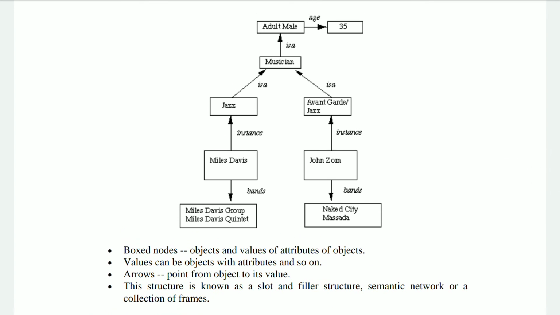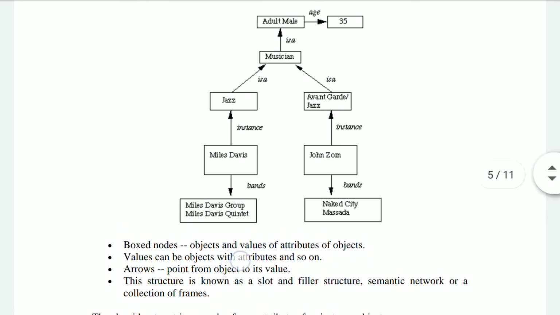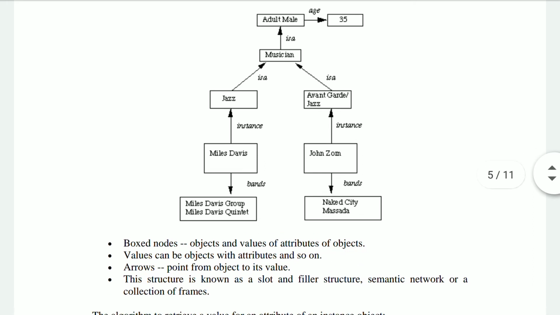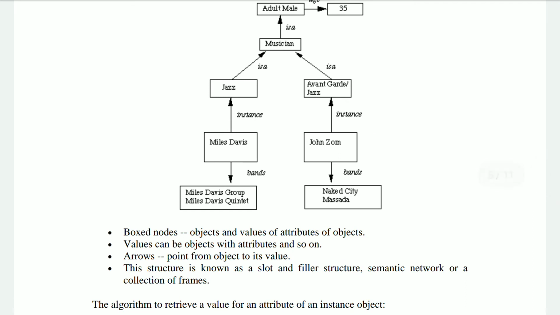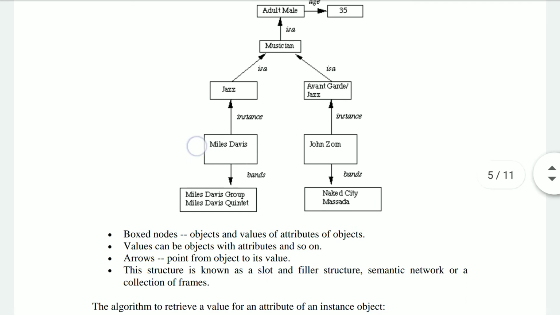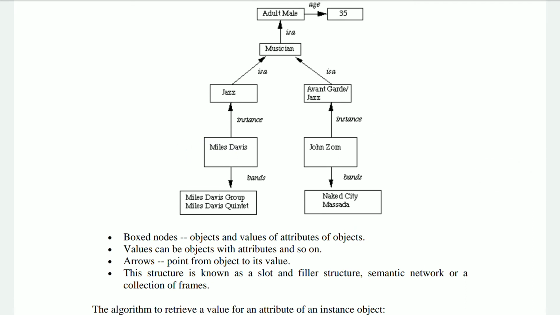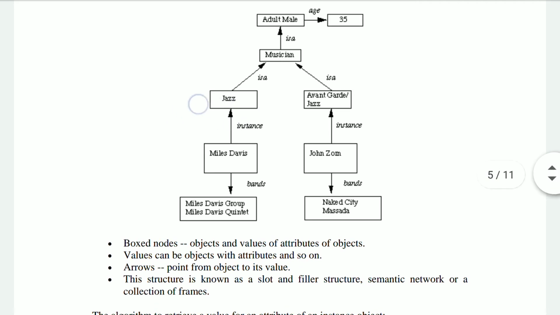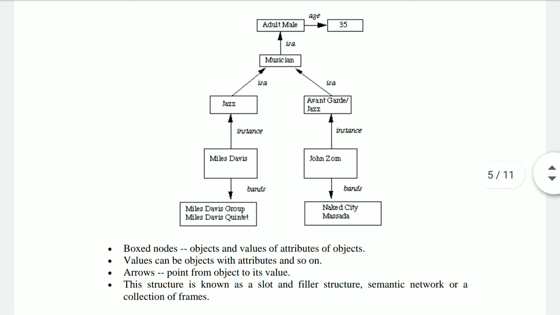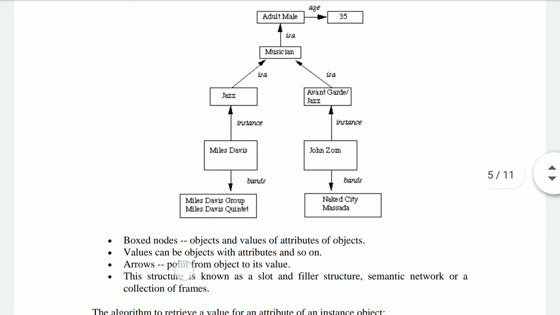The values can be objects with attributes and so on. The arrows point from an object to its particular value. That means if I am at Mike Davis, the musician's name, the arrow is pointing towards jazz, meaning he plays this particular type of music. So the arrows point from object to its value.